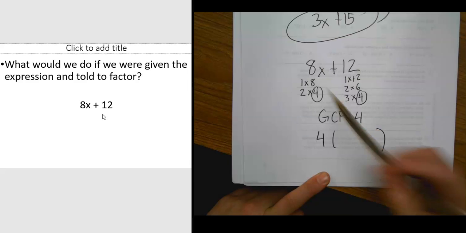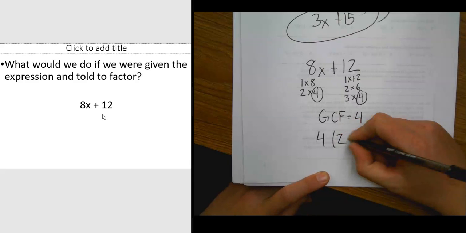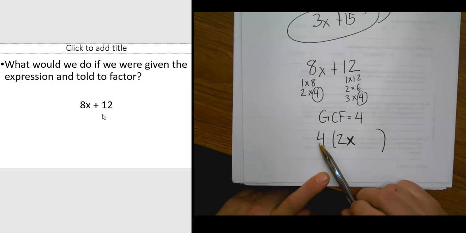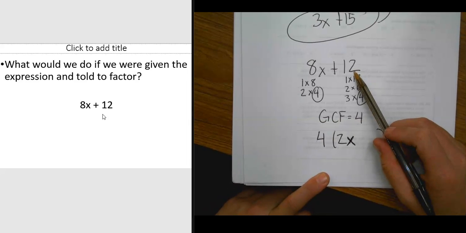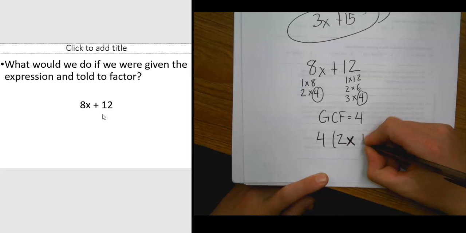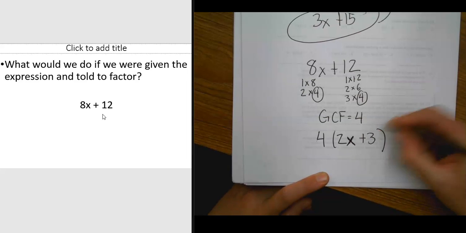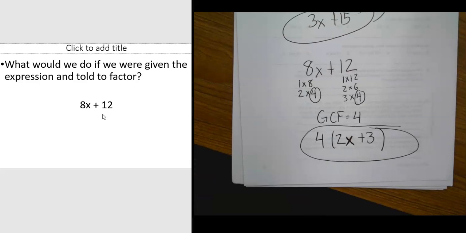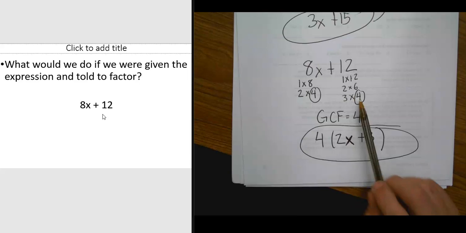Well, 4 times 2 equals 8. Don't forget to write the letter down. Do not forget to write that letter. And then I ask myself, well, 4 times what equals 12? 4 times 3 equals 12, and at that point I have successfully factored it using the greatest common factor and multiples.